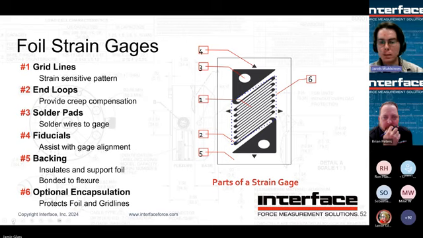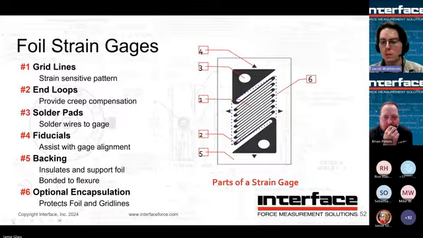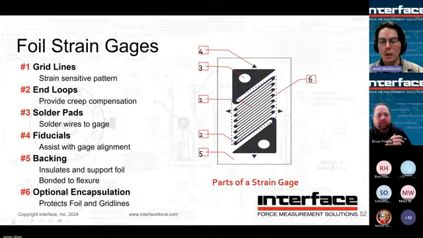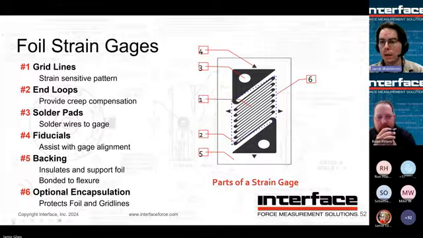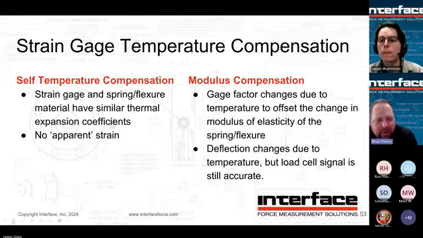The backing is what your foil is bonded to, and that's also what you use to bond to your spring or your flexure. And number 6 is an optional encapsulation that basically just protects your grid lines.